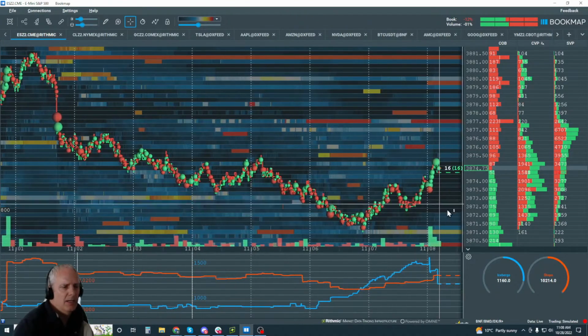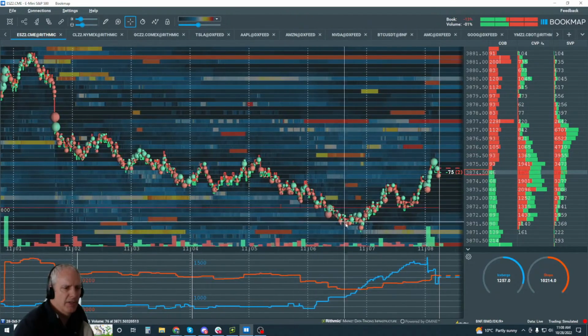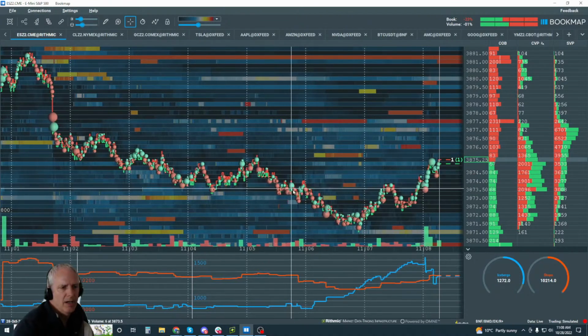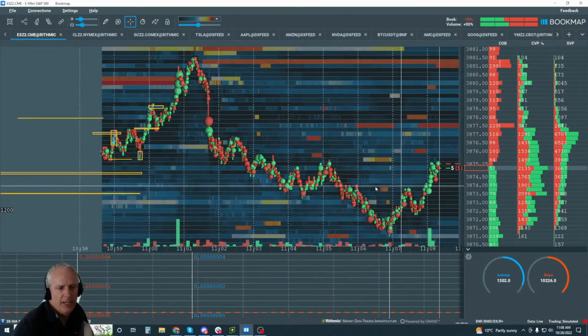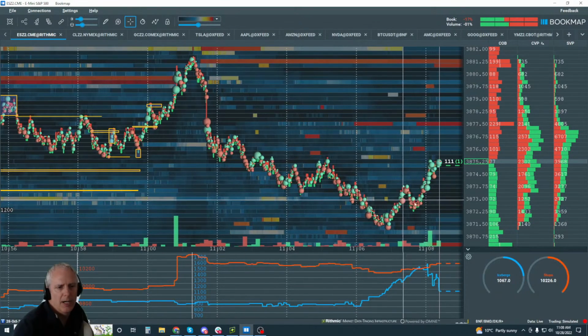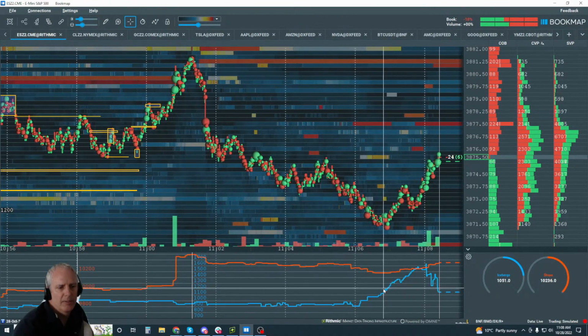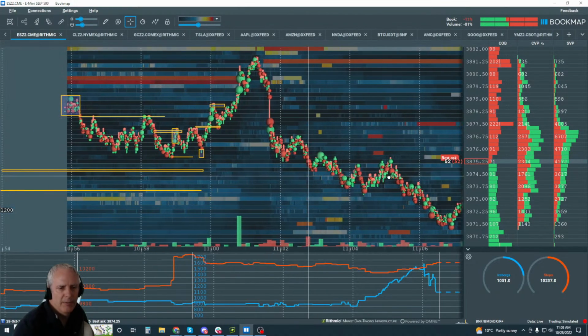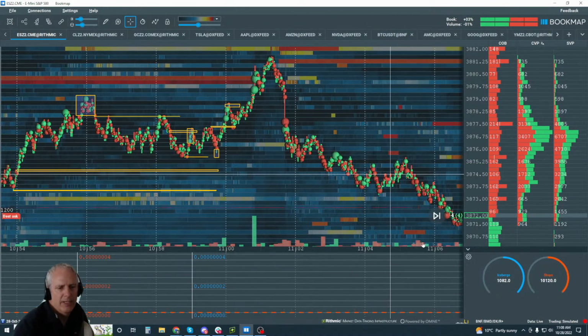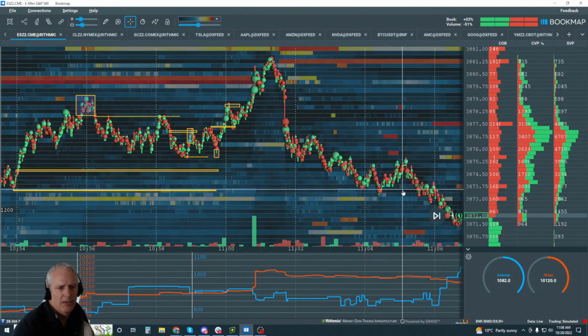So if you were involved on the downside in here, take your break even stop loss, or a small loss. Don't get run over by this, because this is new order flow coming in here that we didn't see before. We didn't see that happen in here earlier.